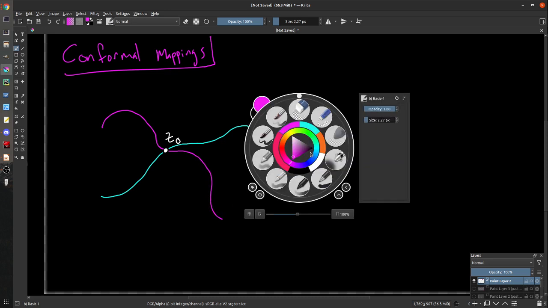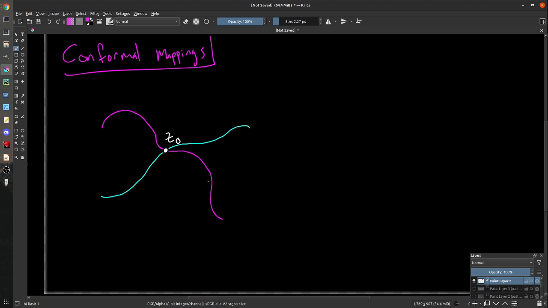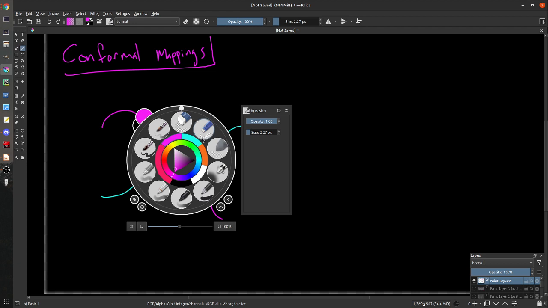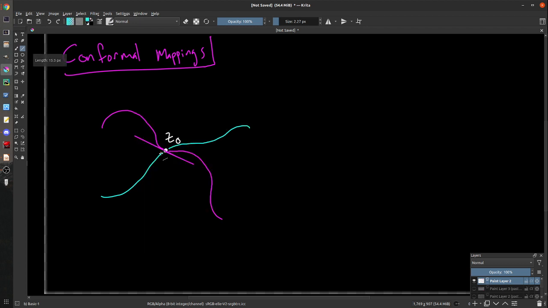So if I've got two curves passing through z naught, something I could notice is that each of these has a tangent, right? There's a tangent. And then I could get a tangent for the other one.